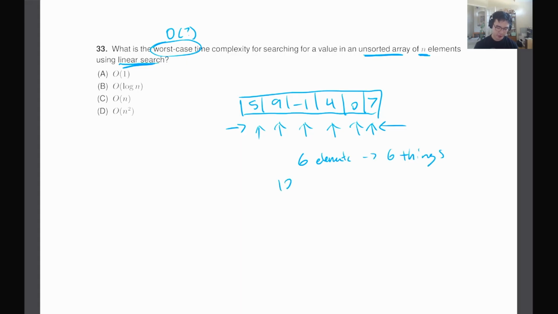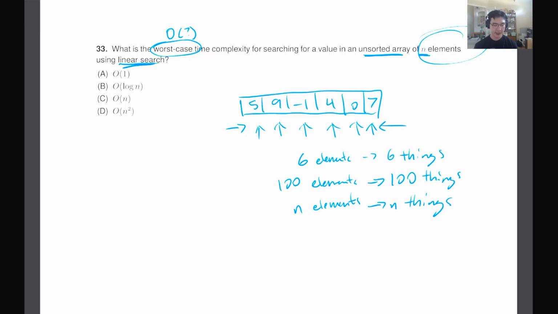If you have 100 elements, you have to look at 100 things, right? And now we make that a variable. You have n elements in your array, which is what this is saying right here. Then you would have to look at n things. So that is a Big O of n. And that's how you can easily answer these types of Big O questions. All right, that was question 33.